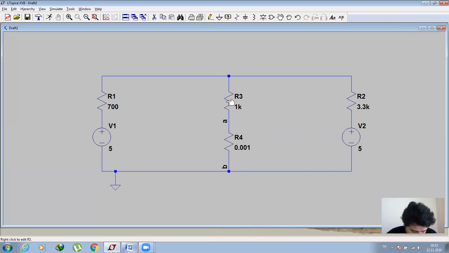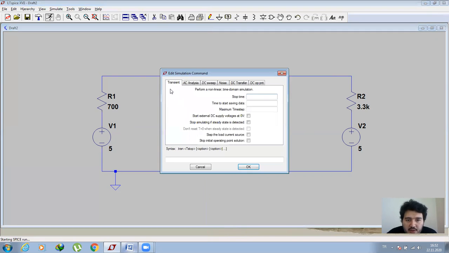So I can complete my Norton circuit and start the simulation. Transient stop time is 1 second, and maximum step will be 0.001. Okay.